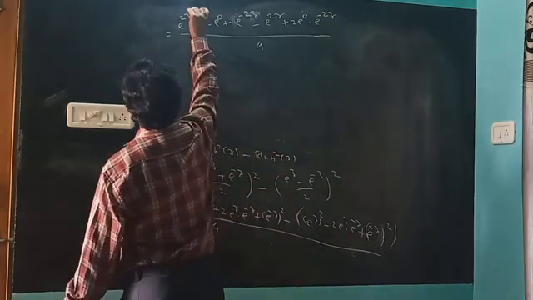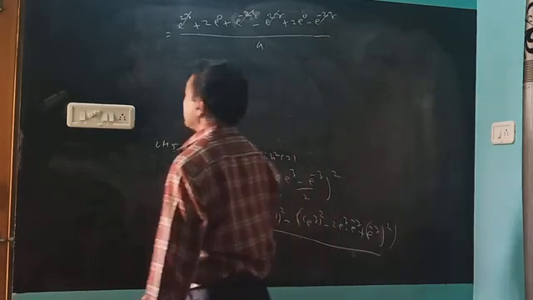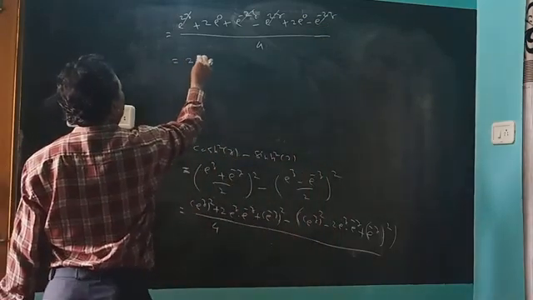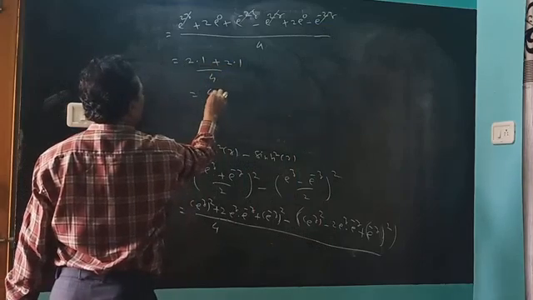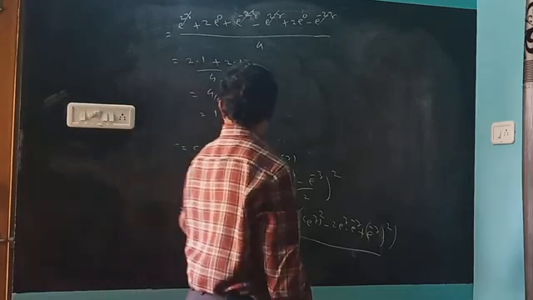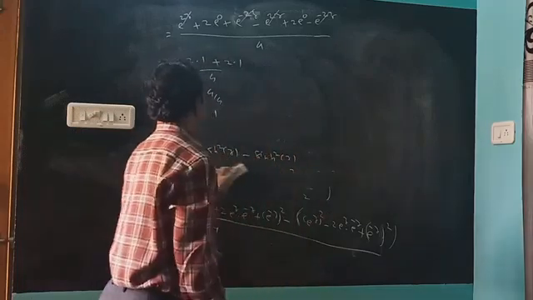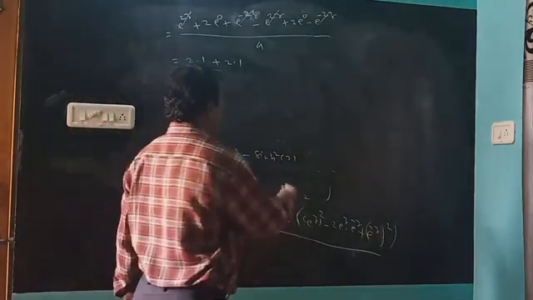So e raised to power 2z cancel, minus 2z cancel, e raised to power 0 is 1, e raised to power 0 is 1, 4 upon 4 is 1. Okay, so in this way result will be cos square z minus sin square z is 1.